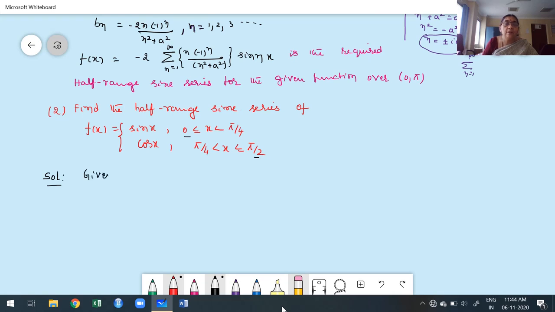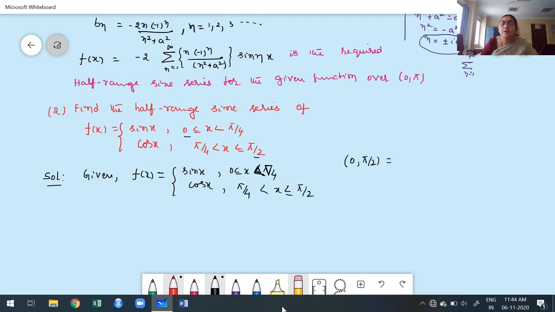The given is f of x is equal to sin x for 0 less than or equal to x less than pi by 4, cos x for pi by 4 less than x less than or equal to pi by 2. What is our overall interval? 0 to pi by 2.